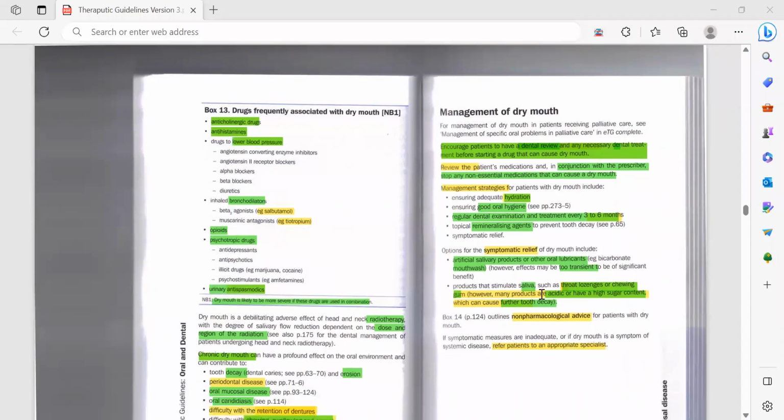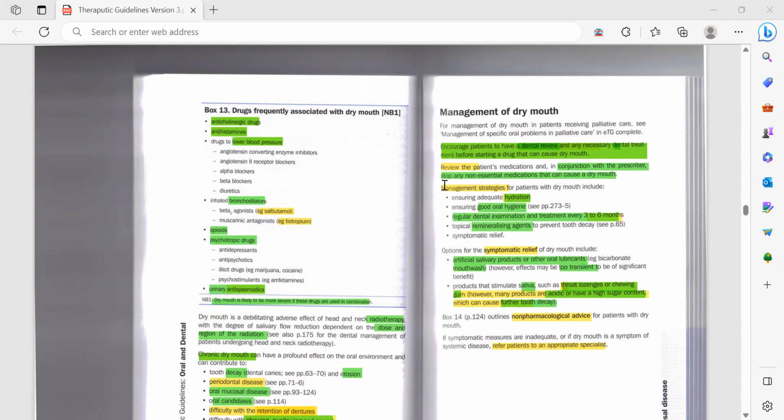Products that stimulate saliva, such as throat lozenges and chewing gums, can also be used. However, many products are acidic or have a high sugar content, which can cause further tooth decay. So you need to make sure of that.